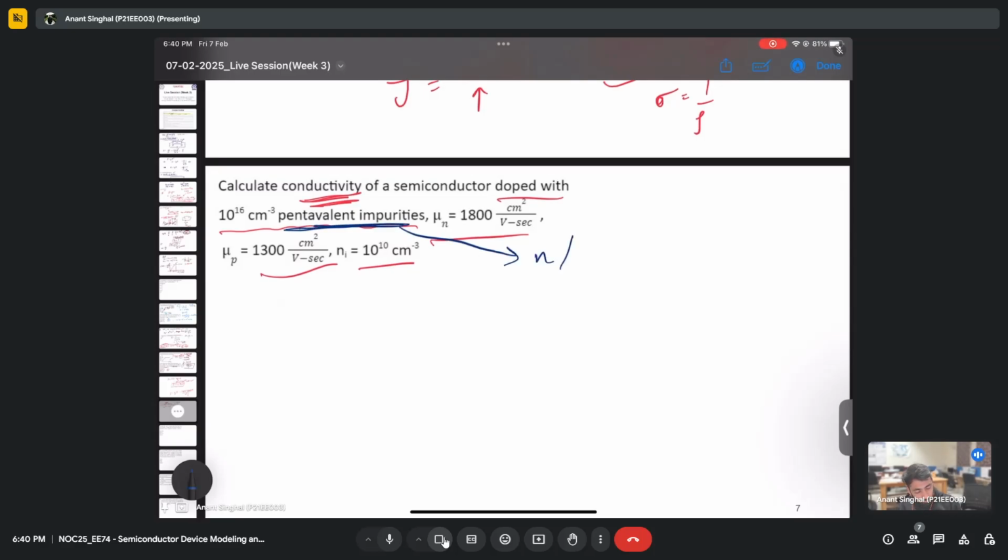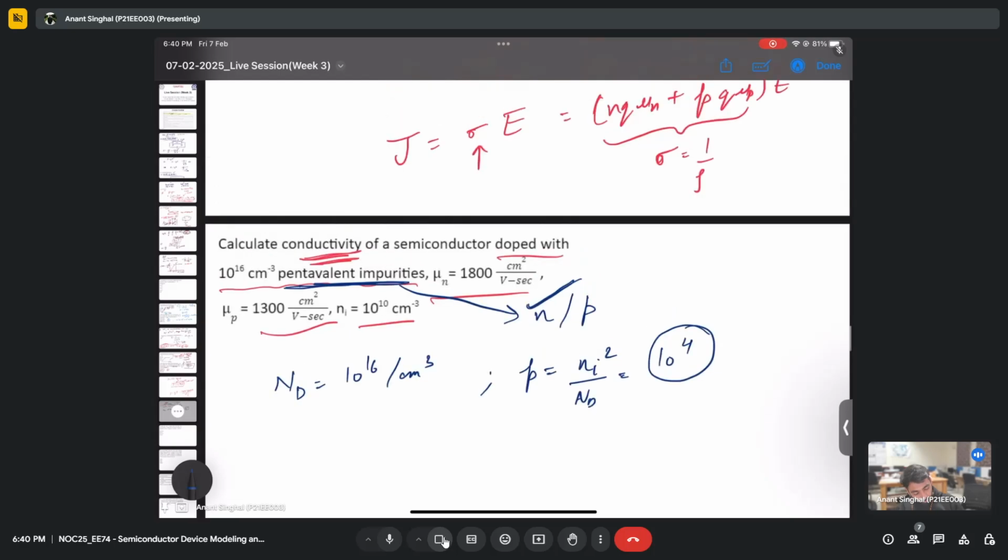Is it N type or P type? N type means ND is 10 to the power 16. Now if I try to calculate P, which is Ni square by ND, it will come 10 to the power 4, which is negligible. So I can neglect this term.